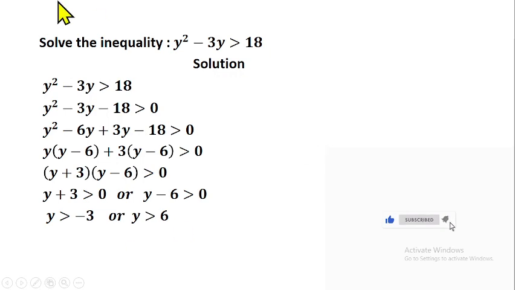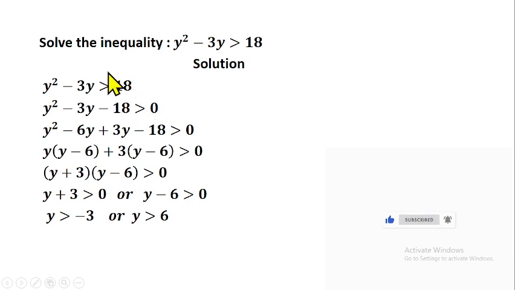Look at these inequalities as well. This is a quadratic inequality as well. But look at this one. This one is not well stated. So what do we do? We have y squared minus 3y greater than 18. So you can take this one to this side so that it can give us a complete quadratic expression.